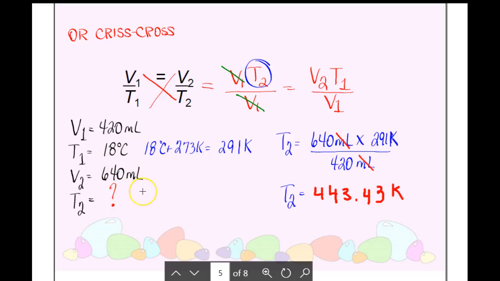Is our temperature going up or is it going down? Let's take a look. It's 443.43 Kelvin. That's a lot higher than 291 Kelvin. Wouldn't you agree? So again, this shows the relationship that as volume goes up, the temperature has to go up. So we see that direct relationship with that.